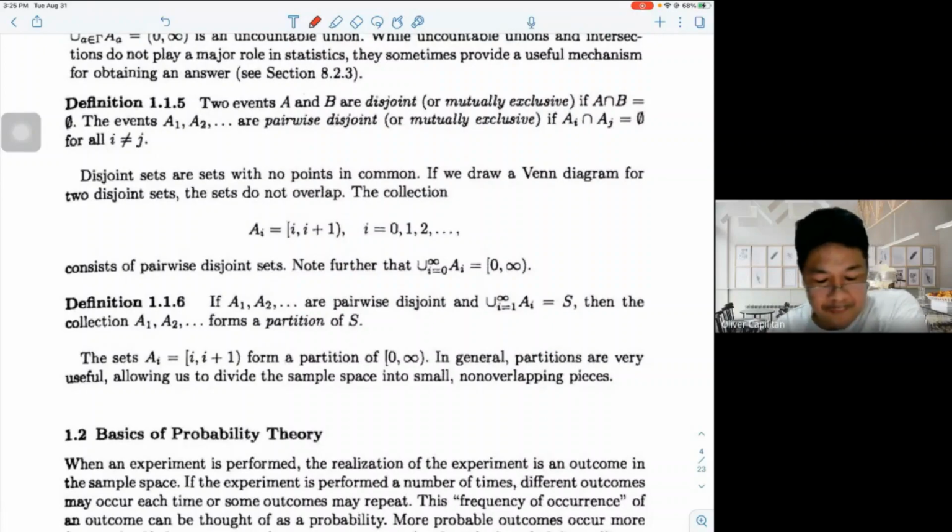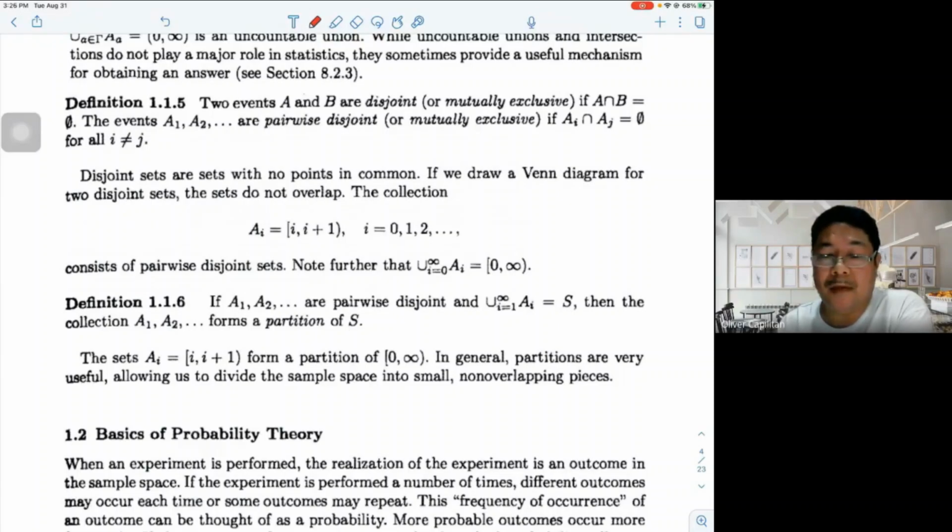And then another definition: if we have an infinite collection of events, A sub 1, A sub 2, and so on and so forth, and they are pairwise disjoint, in other words, we have a mutually exclusive collection of infinite events.